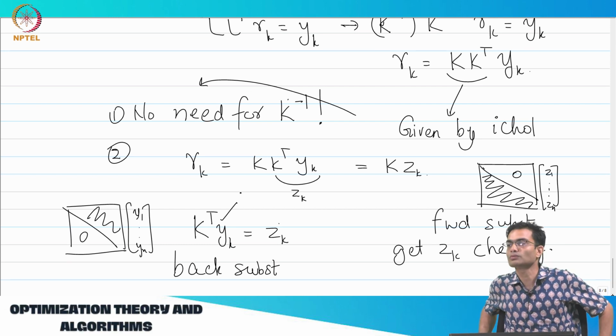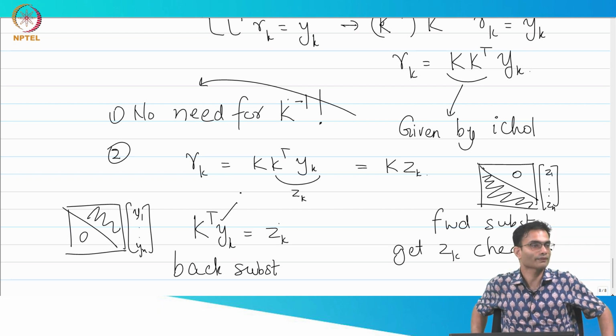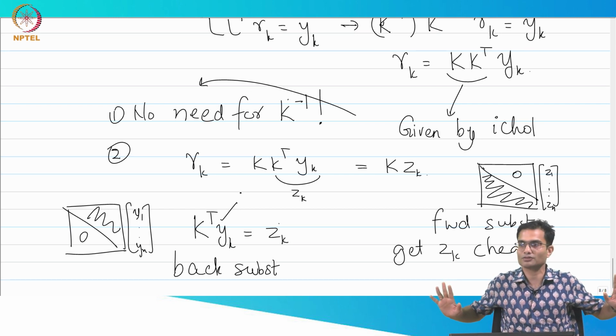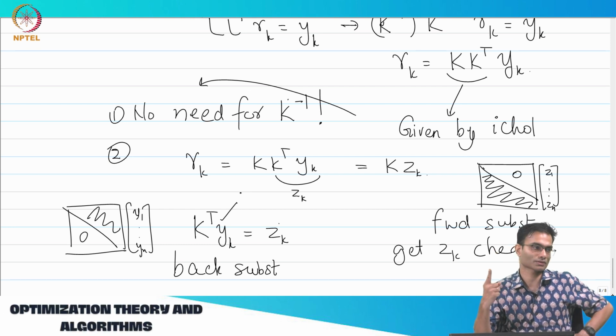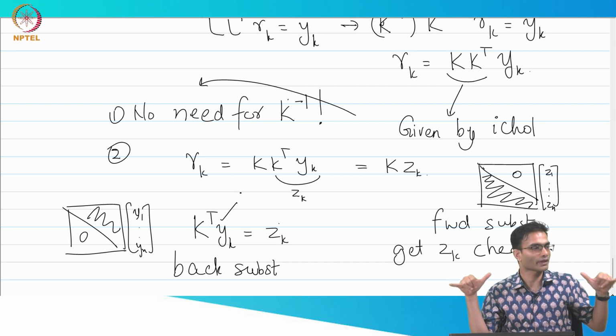And finally, this does not need to be said, but do I have to calculate a new incomplete Cholesky decomposition at every iteration? No. Given A, I get Kk, and I am with that Kk for the rest of my iteration. So all I have to do is a one-time cost of computing Kk transpose, and then forward substitution, back substitution. It's very, very quick.